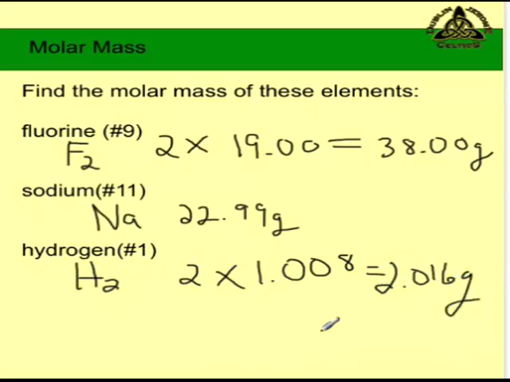So the molar mass of hydrogen is 2.016 grams. If I have 2.016 grams of hydrogen, I have 1 mole of hydrogen. I have 6.023 times 10 to the 23rd molecules of H2.